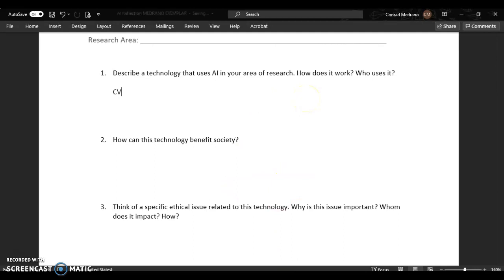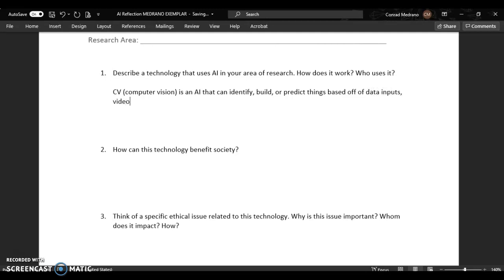It's called CV, computer vision, an AI that can identify, build, or predict things based off of data inputs: video, images, and other things like motion, etc. Done.